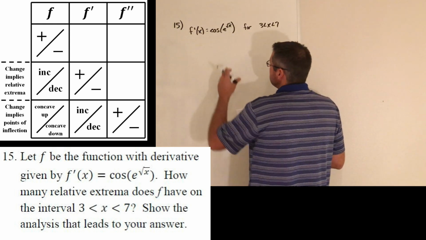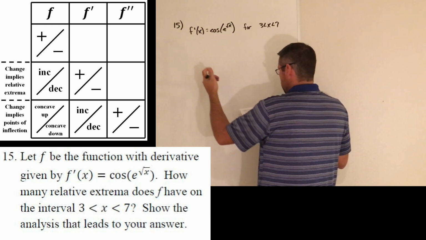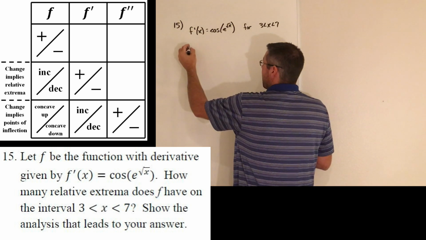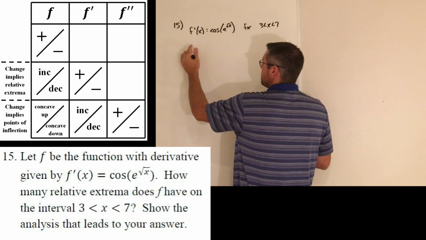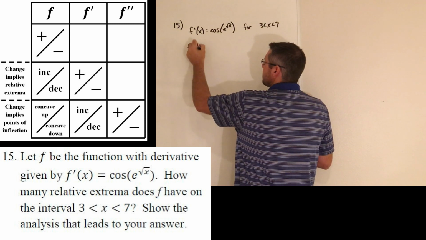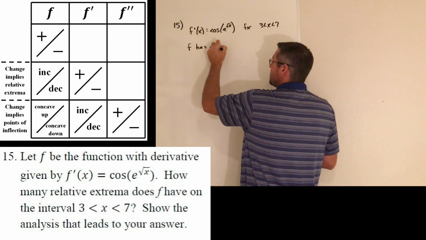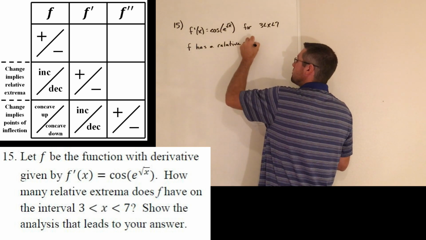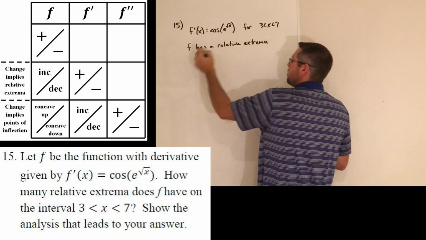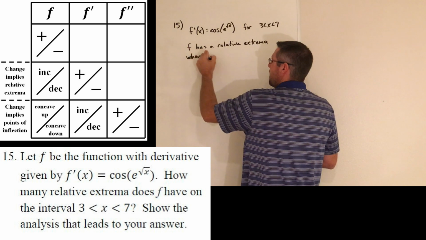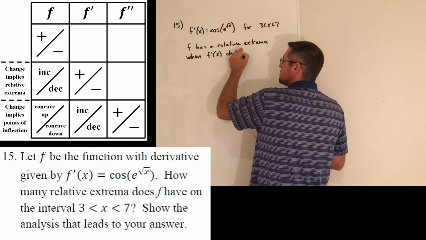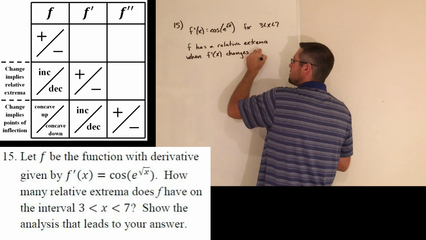So actually, before I do that, I want to go ahead and justify what I'm looking for here. It says, how many relative extrema does f have? Well, my justification for what I'm looking for is f has a relative extrema when f prime of x changes signs.